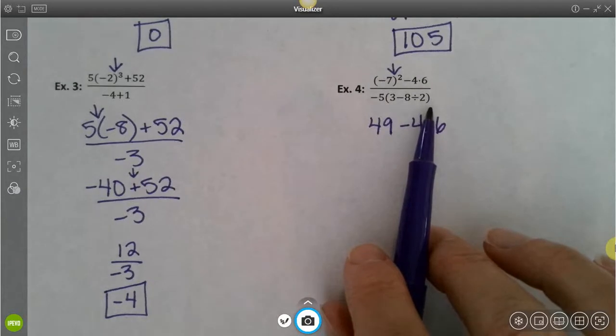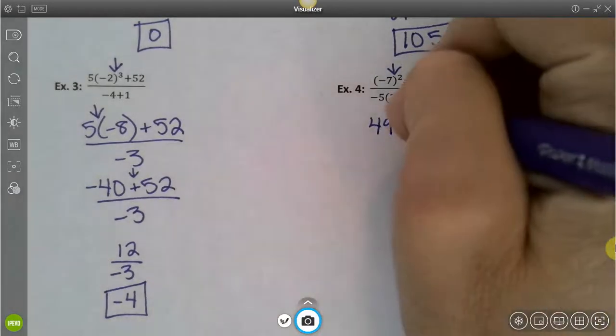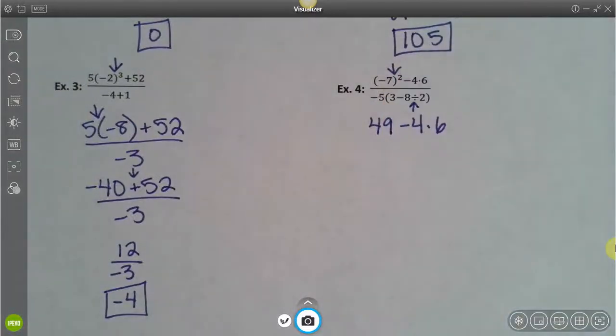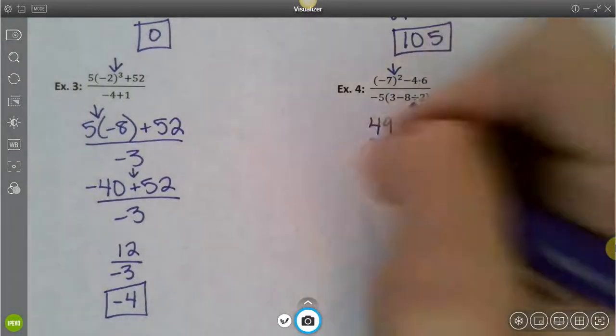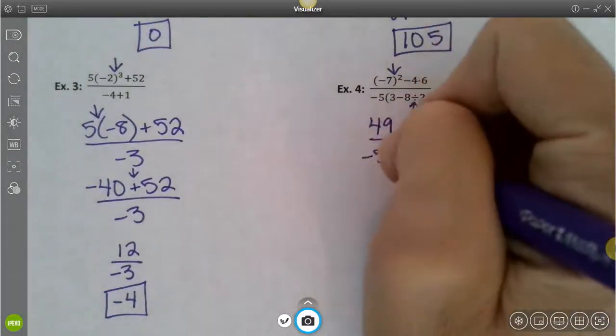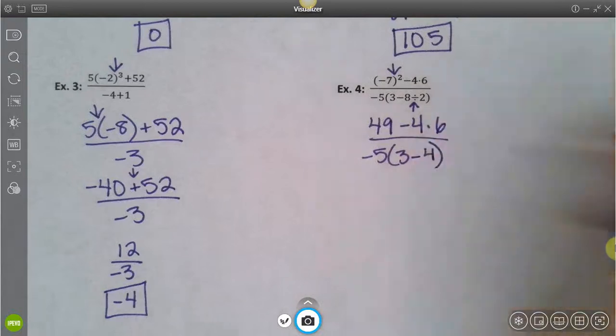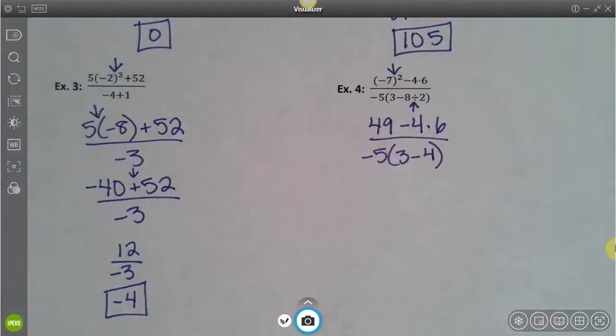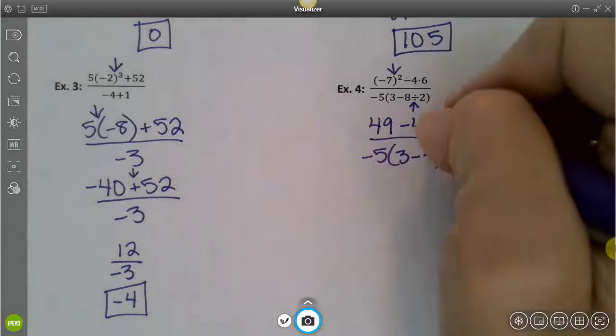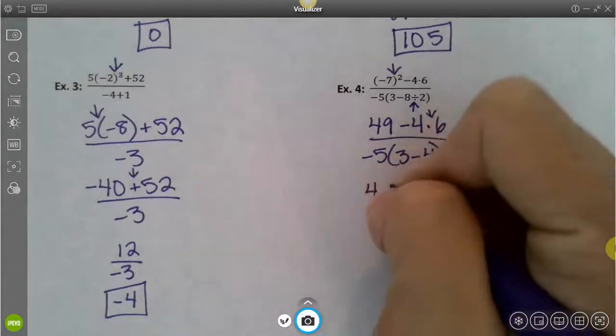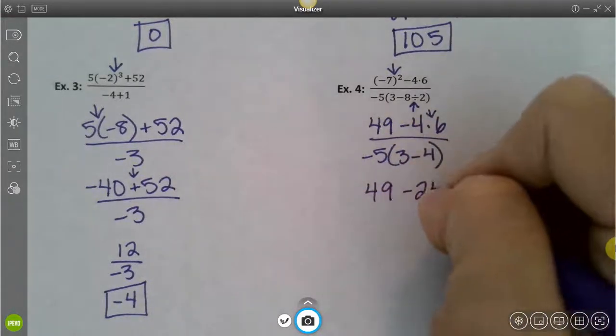And specifically, inside that set of parentheses, division comes before subtraction. So I'm going to start with the 8 divided by 2, which gives me 4. And then my next step for the numerator would be this multiplication. So 4 times 6 is 24.